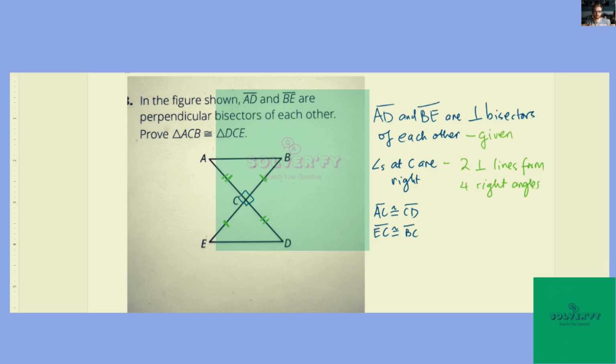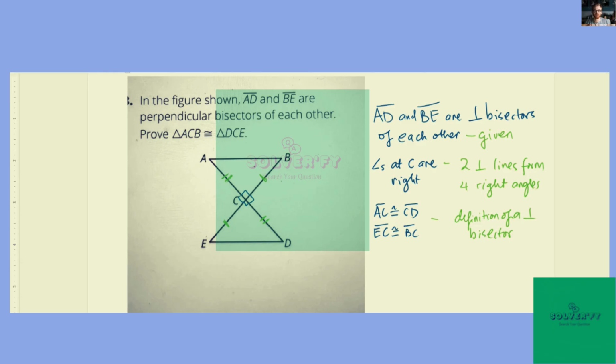How do I know that? It's because of the definition of a perpendicular bisector. Definition of a bisector, just bisector. Even if I don't write the perpendicular bisector, we know what a bisector does? It cuts a segment into two congruent parts. So that's given.